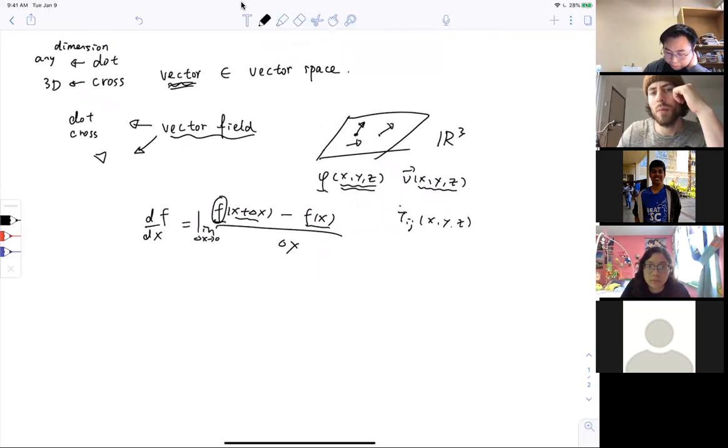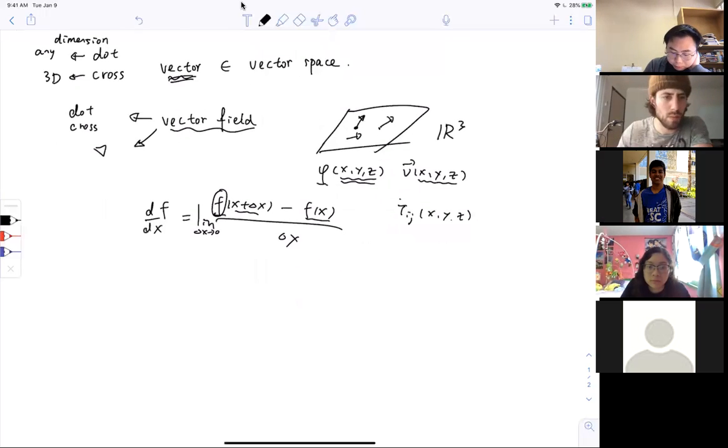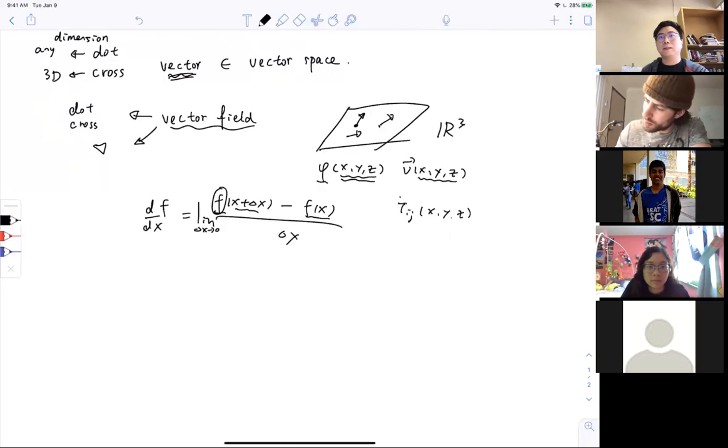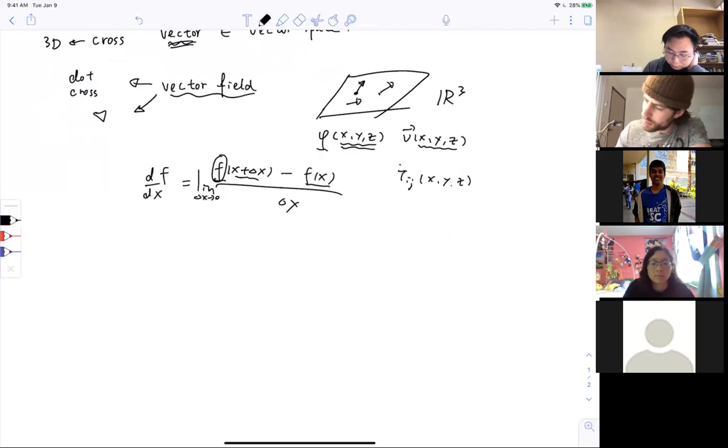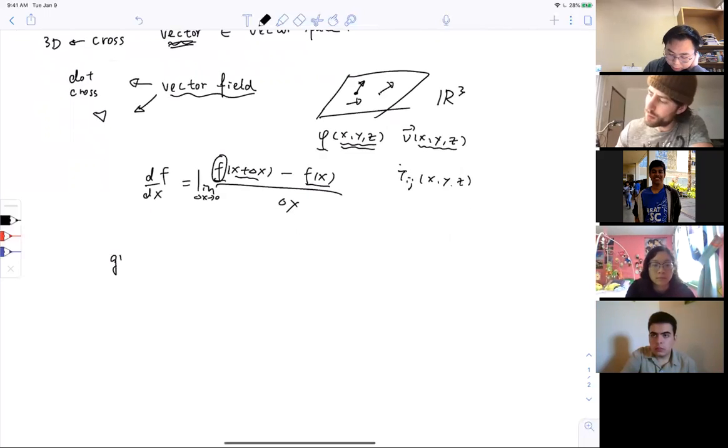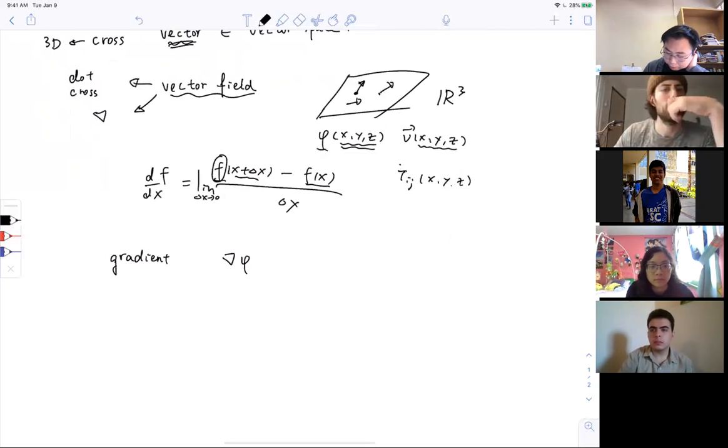Okay, so, by the way, feel free to stop me if you have questions. For this kind of differential operation, there are 3 important operations. One is called gradient, acting on a scalar field.